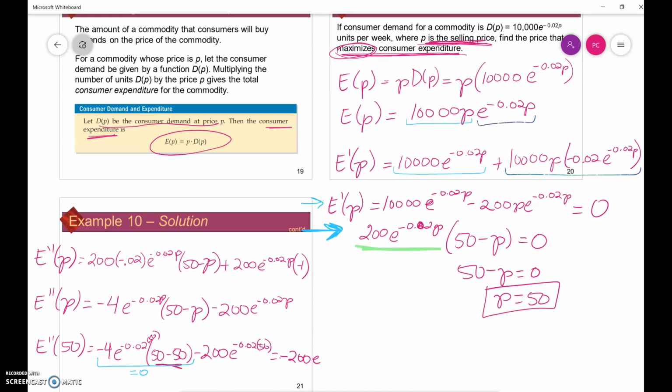The second term, negative 200 e to the negative 0.02 times 50, becomes negative 200 times e to the negative 1. A negative 200 times a positive e to the negative 1 is negative, so this is less than 0, showing that consumer expenditure is maximized at p equal to 50.